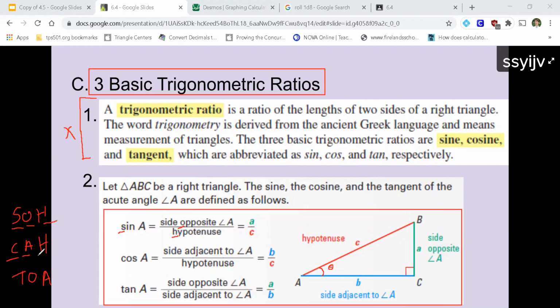Cosine is the adjacent over hypotenuse, CAH. And tangent is opposite over adjacent, TOA.